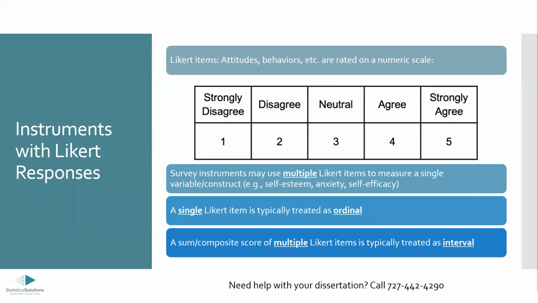So if you were to take a composite score of the 10 items on your self-esteem instrument, we would usually treat that resulting composite score as an interval level of measurement. However, if we were looking at just one single Likert item, so just one item from that 10 item instrument, rather than the composite of those 10 items, we would usually treat that single Likert item as ordinal.